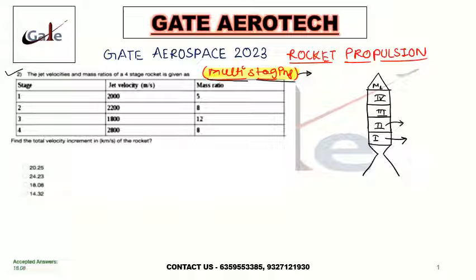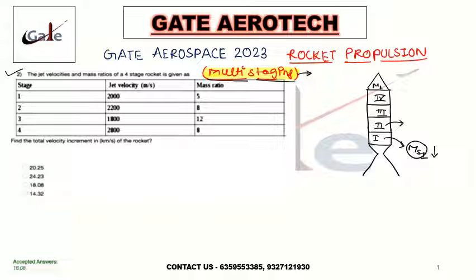First stage propellant is gone, so we can eject the first stage structure. The mass of the structure of the first stage will reduce, so ultimately the whole weight of the rocket will reduce.